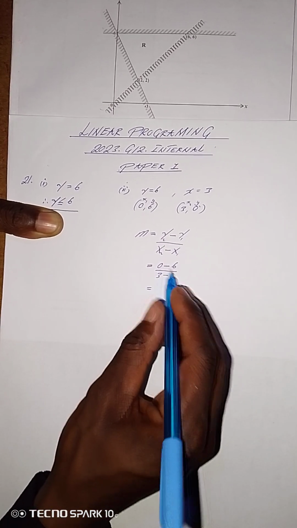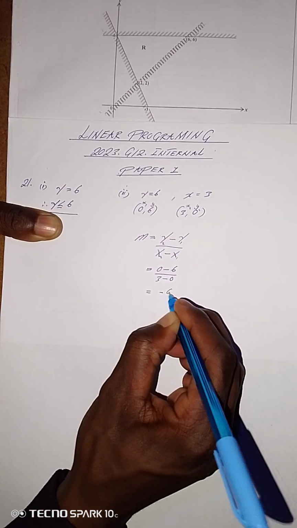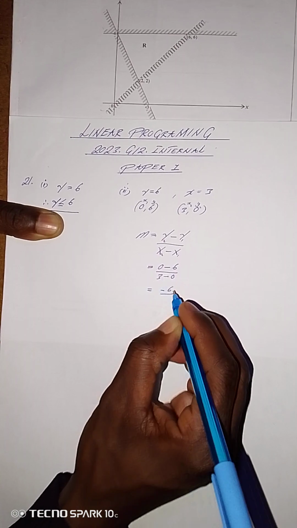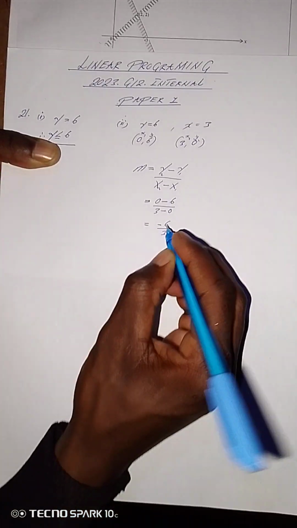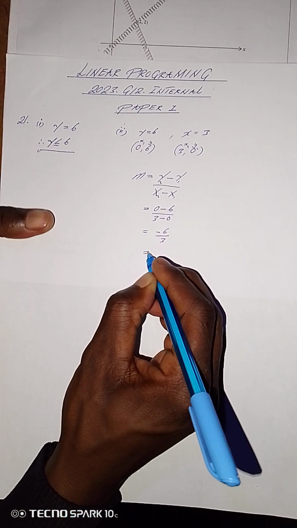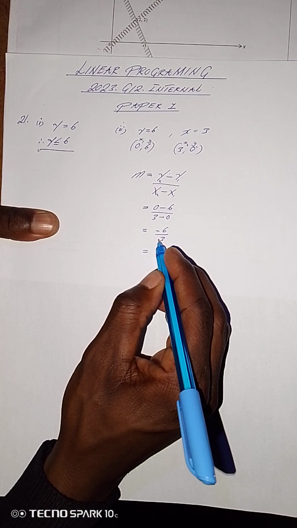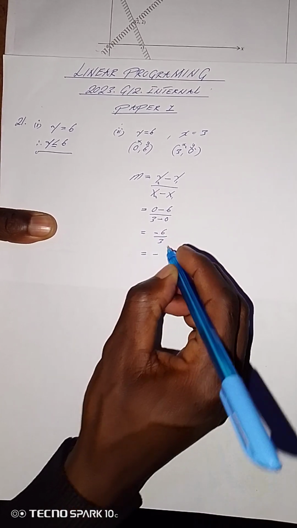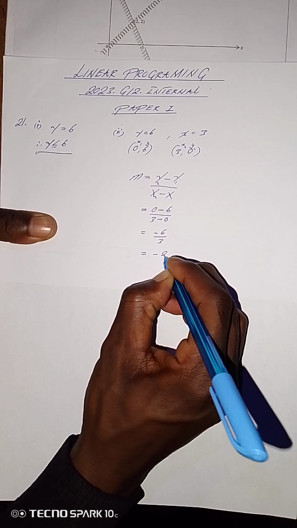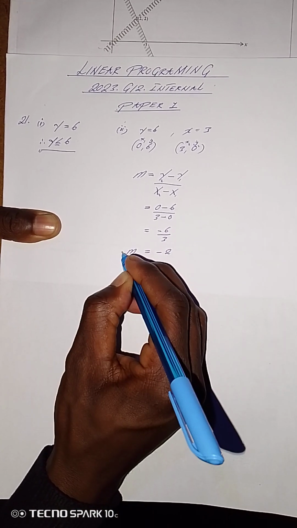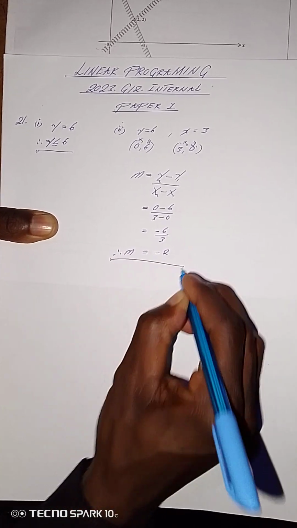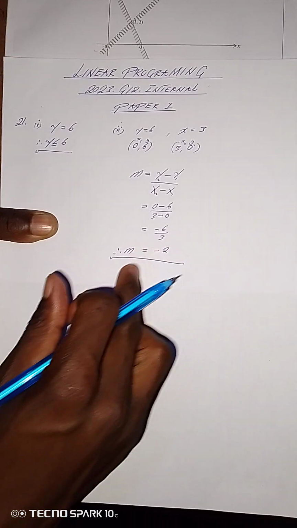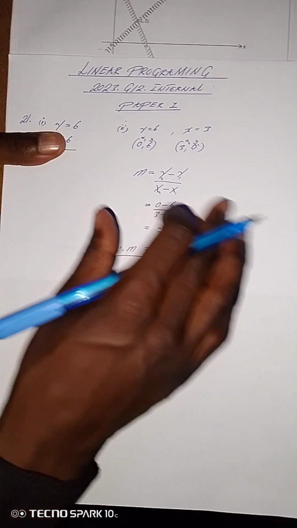So 0 minus 6, we are getting negative 6 over 3 minus 0, it's 3, equals negative, positive into negative it's negative, and then 6 over 3 is 2. So therefore the gradient equals negative 2.